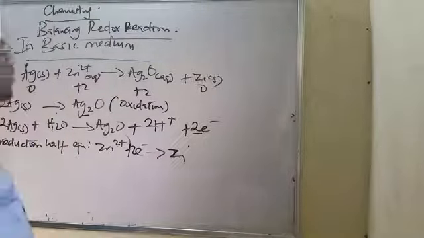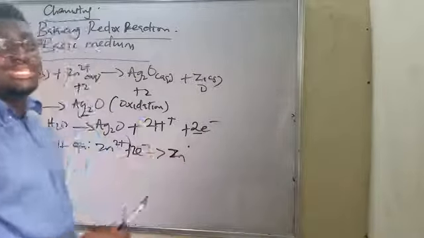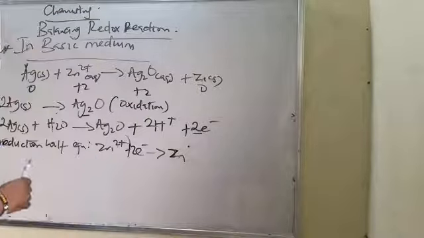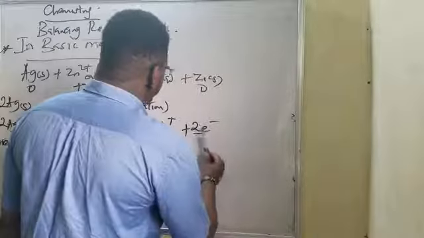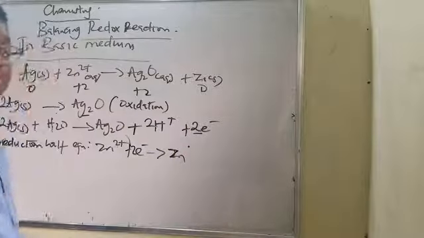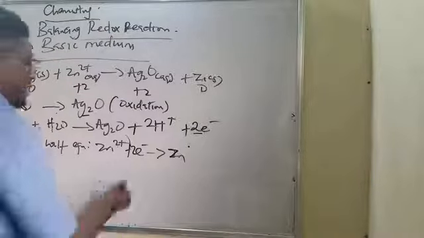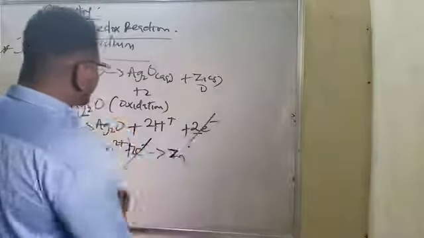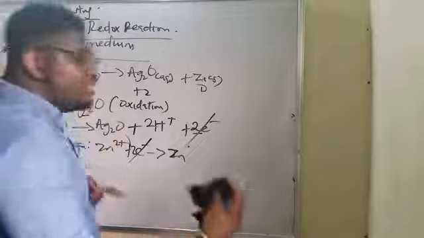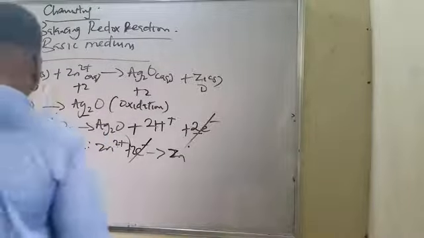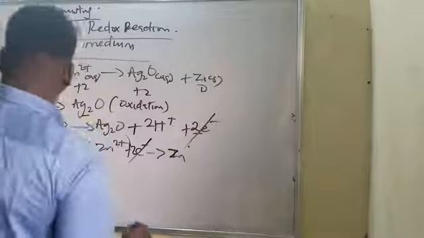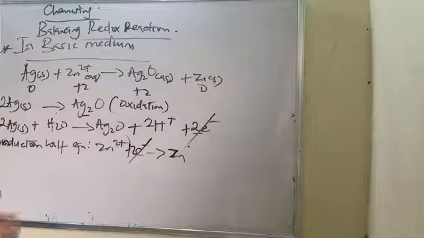Now, I'm supposed to eliminate the charges if they were not balanced, like I did in the acidic medium. But good for us, we have 2 electrons here and 2 electrons here. It's something I can eliminate easily. So I just eliminate it without multiplying, like a simultaneous equation. I don't need that. The next step says you combine reactant for reactant, product for product.